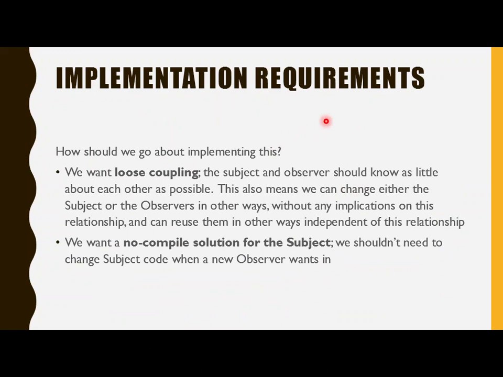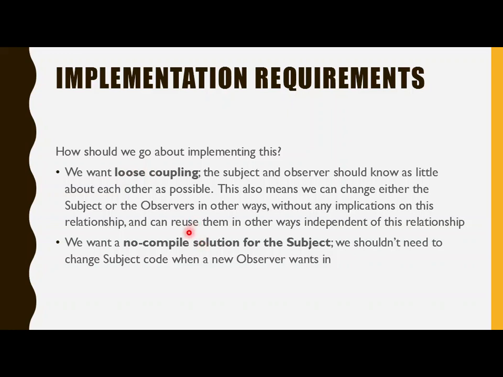Well, one of the keys here is we need loose coupling. We need to make it where the subject and observer aren't so interdependent that you've got to recompile them all the time. In fact, if the subject has new observers, it should not specifically have to be compiled, right? As we talk down here, we need a no compile solution.